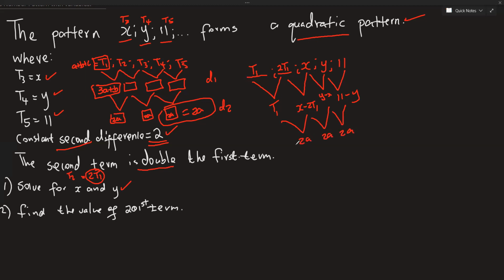And then they said the second difference is 2, right? Then this part we said is 3a plus b, and this part here we said is a plus b plus c. Okay, perfect. So now we can start solving it.